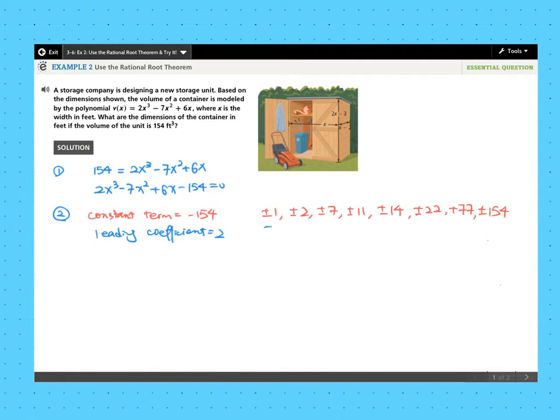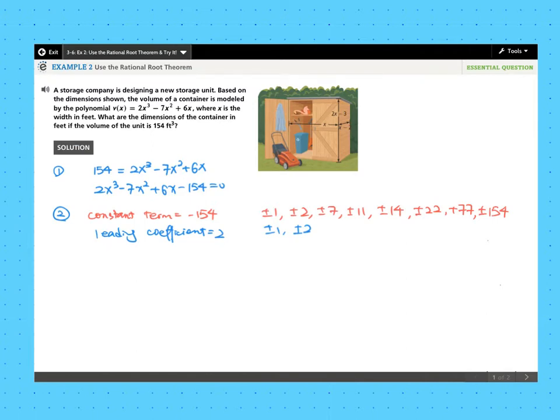Now 2, obviously, it's 1 and 2. You can play with it. But as you can tell, you're going to have a long list of possible solutions. And this is why throwing the polynomial into a decimal graphing calculator will show you what are the possible ones. It looks to me that it's somewhere around 5.